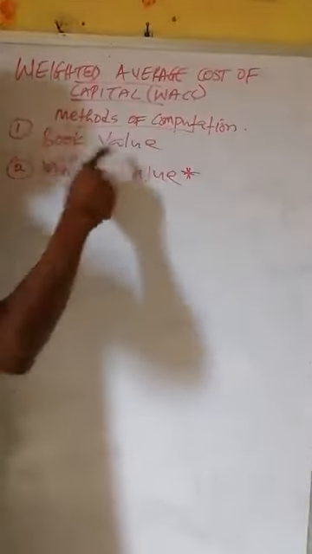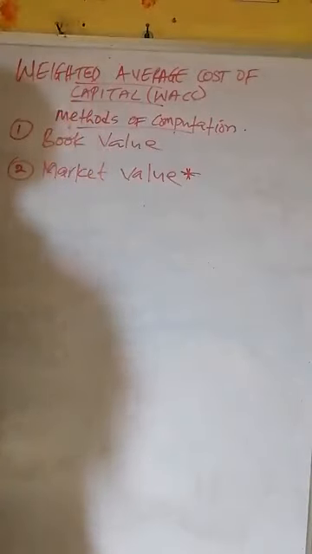Book value shows historical cost, a historical value, while market value shows the current value of the company.